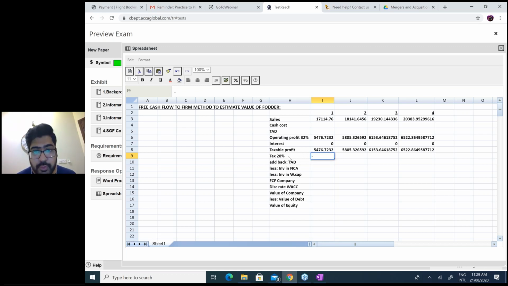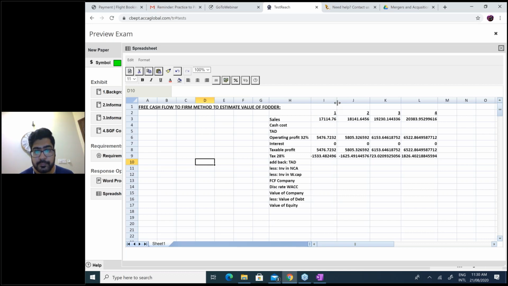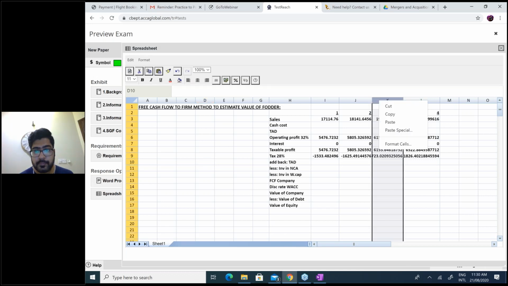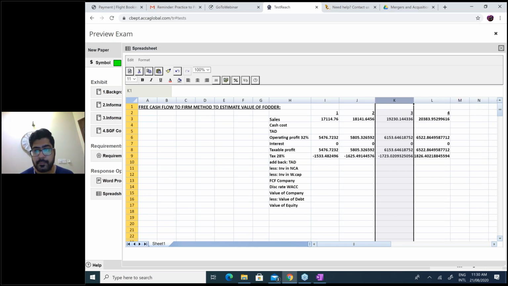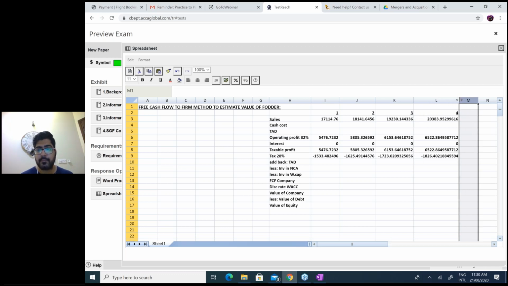Tax is supposed to be an outflow, so minus I8, sorry, 28% equals, okay, and we drag it. So any questions till tax, please?